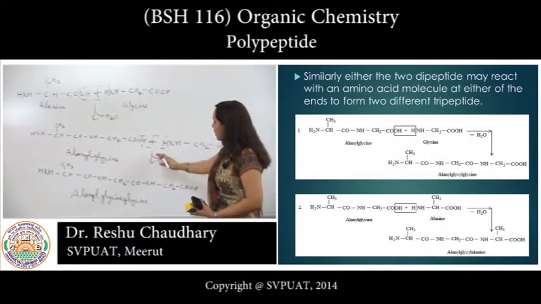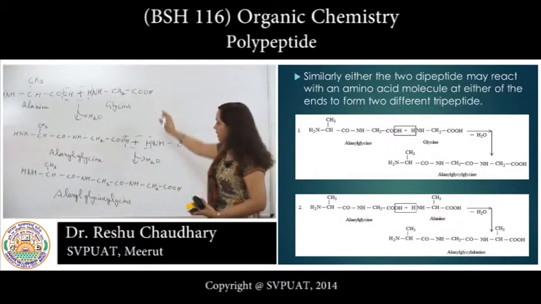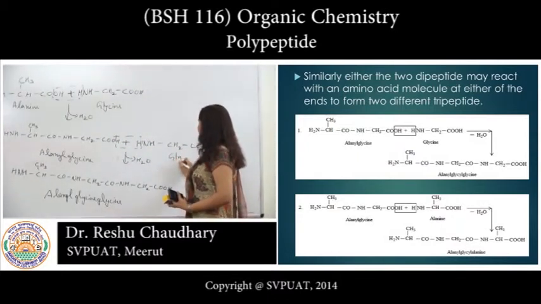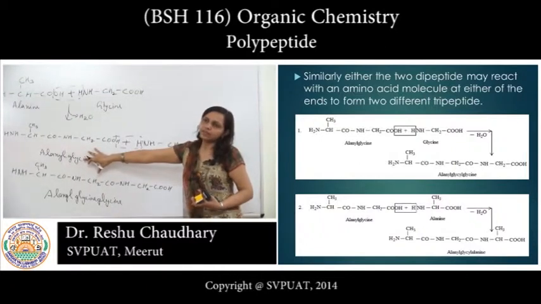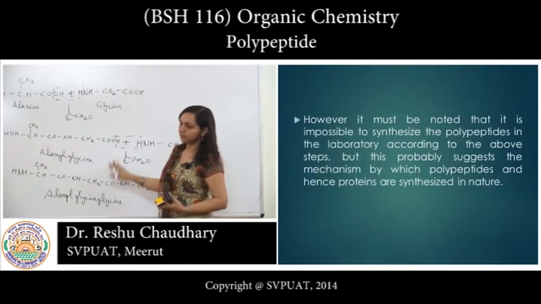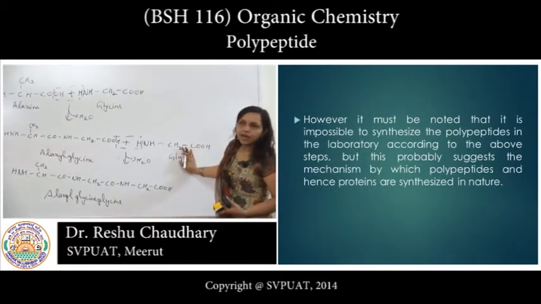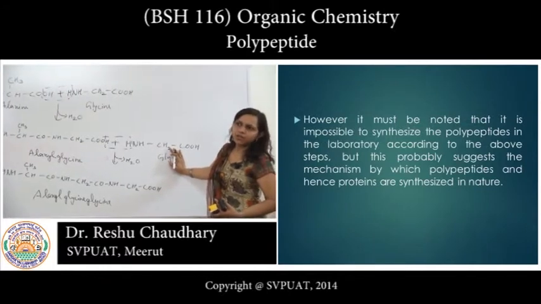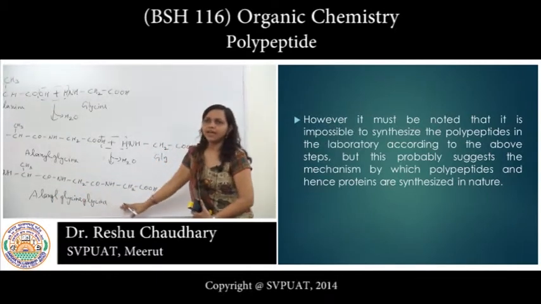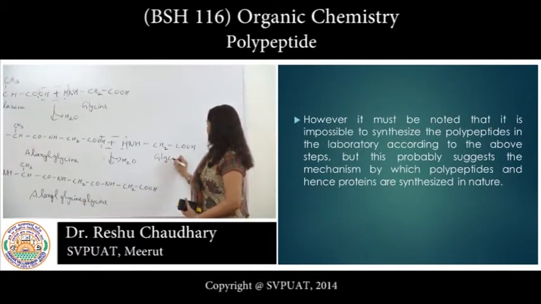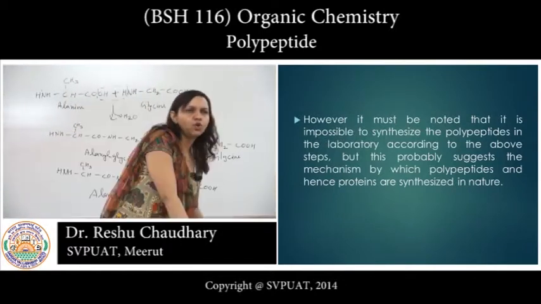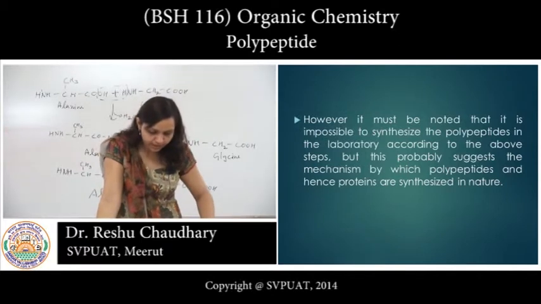And if one more amino acid molecule is attached to form a tripeptide, then the name of that amino acid is added after the name of the dipeptide, that is alanyl glycine, and if glycine is attached, then alanyl glycyl glycine. If another amino acid is alanine, again the name will be alanyl glycyl alanine. So there are two ways by which we can carry out the preparation of polypeptides.